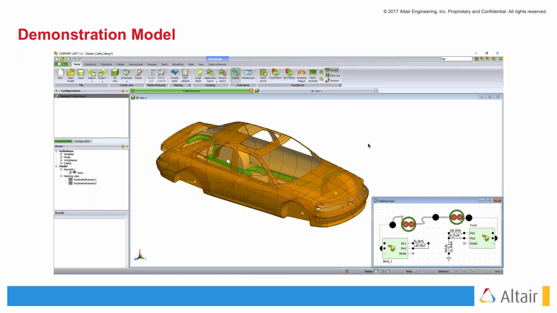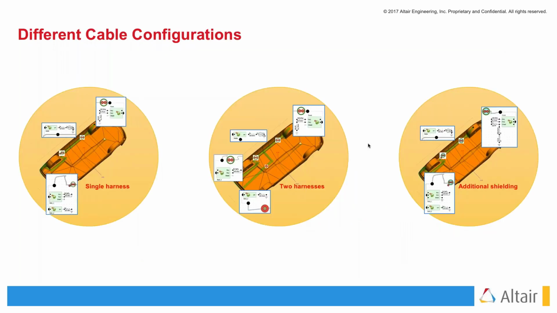And here you can see the demonstration model we're going to be using. Before I switch over to show you the model in FEKO, just a breakdown of the three different cable configurations that we will be comparing. In the first case, we have a single harness that runs down the side of the vehicle.